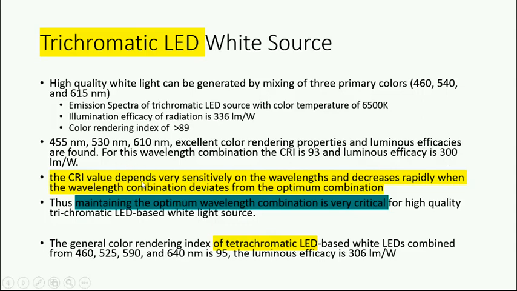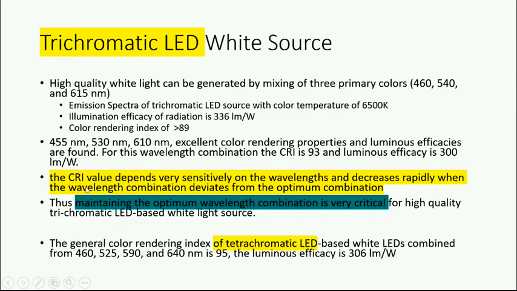One important thing you have to remember is that the CRI value, this value 93 or 89, depends very sensitively on the wavelength. Here with the wavelength combination 460, 540 and 615 you got 89, and for this combination you got 93. So this combination is very, very important.